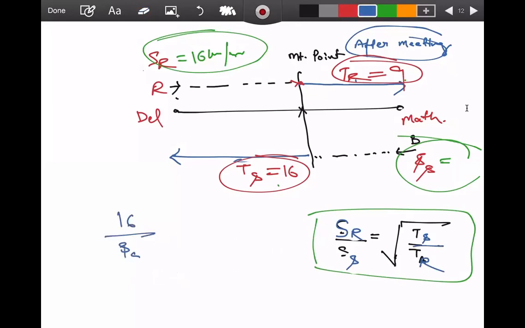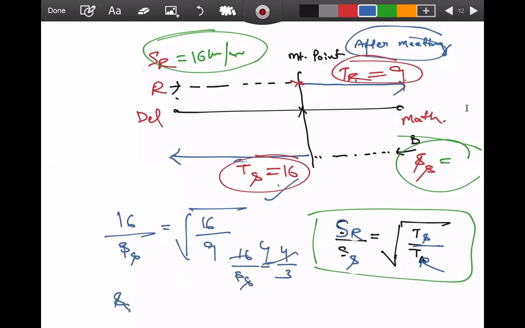Speed of Suresh, which we have to find, is equal to under root time of Suresh 16 upon time of Rakesh 9. So this will be 4 upon 3 is equal to 16 upon speed of Suresh. So speed of Suresh is 12 kilometer per hour. Direct application of the formula, you just have to recognize this type of question. If you know what type of question is being asked and what formula to use, then you can easily solve.